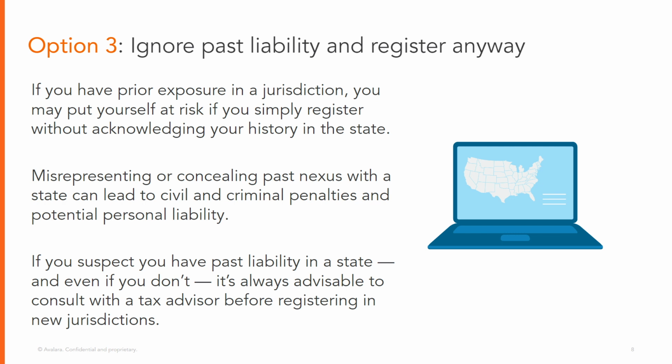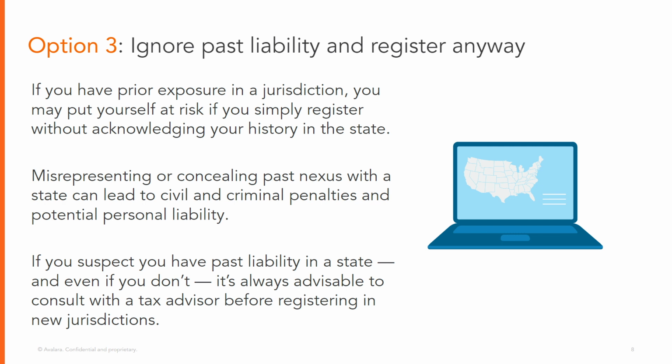What I would say is useful to know, if you're considering your options and you've got historic liability, is that as soon as you start the registration process with a state, one of the first things that the state will ask is, when did you start to sell in their state? And when do you believe that you've breached nexus? And obviously, we are in the nature of compliance, so we would suggest that businesses are honest on these documents and answer those questions accurately.